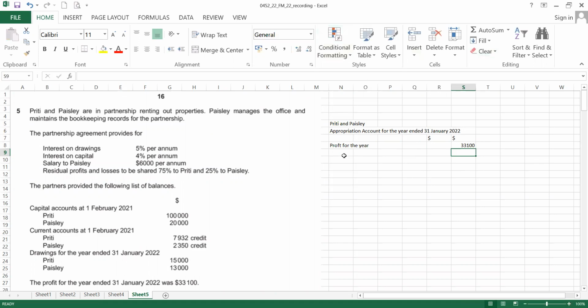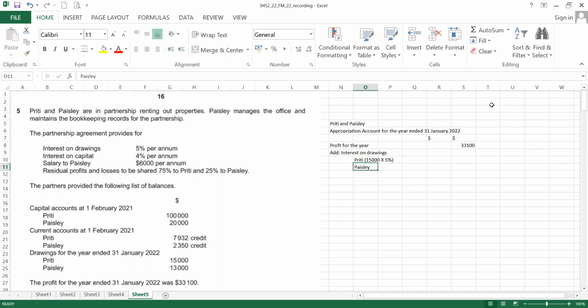33,100. And then we add interest on drawing. Interest on drawing, we have Pretty, we have Parsley. For Pretty, interest on drawing, try to show your working: 15,000 times 5%.